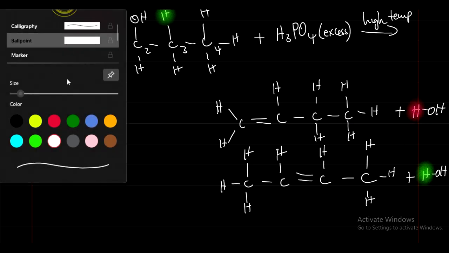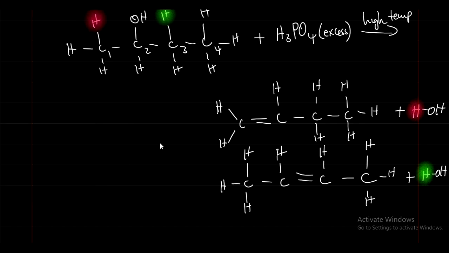So now according to Zaitsev's rule, the hydrogen that will be removed will be the one on the most substituted carbon. So if I check, carbon number 3 is between carbon number 2 and carbon number 4. So carbon number 3 is the most substituted. So we will eliminate this hydrogen.